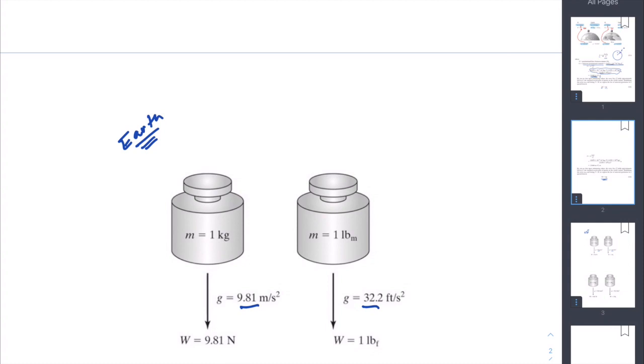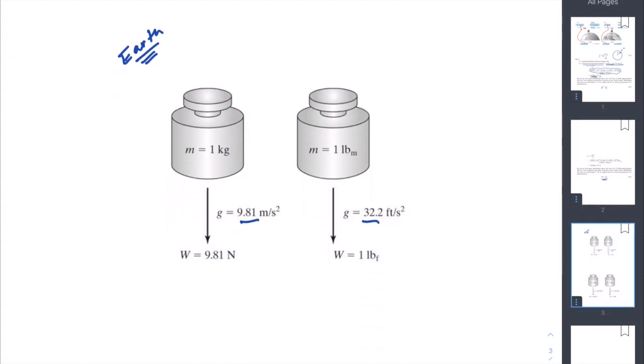I'm looking at this, and the source of the confusion comes from the pound mass part in the English units. In the SI system, things are pretty straightforward because you have W is equal to mg.